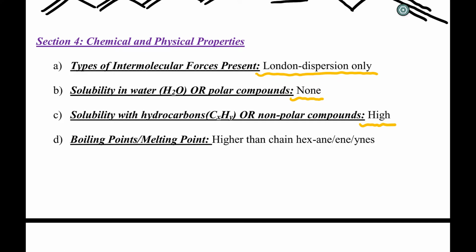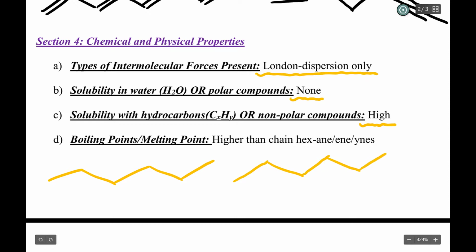The only thing slightly unique is that out of all of the other 6 carbon hydrocarbons, it would have the highest boiling point. It has a higher boiling point than hexane, a hexene, a hexyne, or a cyclohexane.